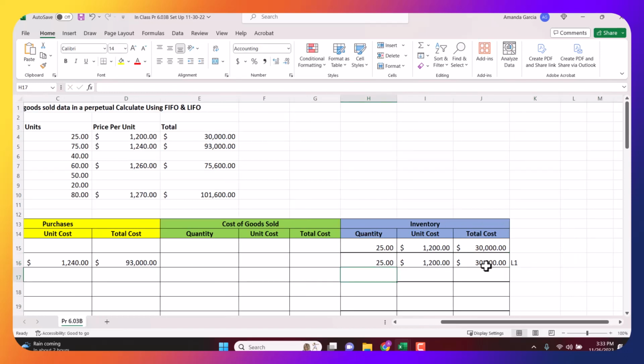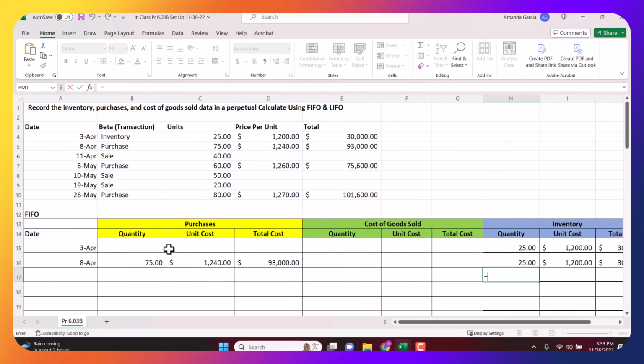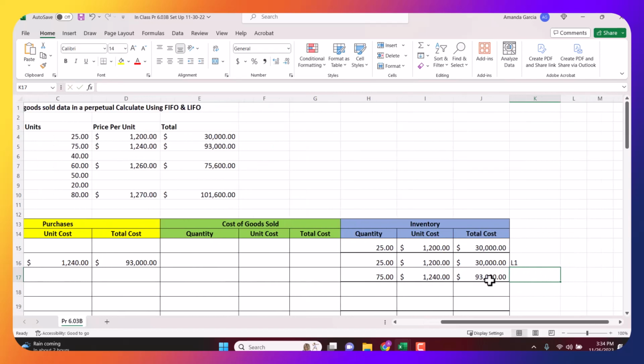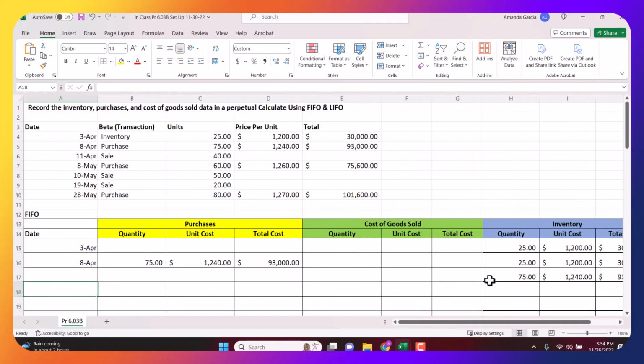Then I'm going to add my new purchase, layer 2, which is 75 units at $1,240, multiplied here, which is L2, or inventory layer 2. So now I have two layers of inventory, and then let's see what happens.